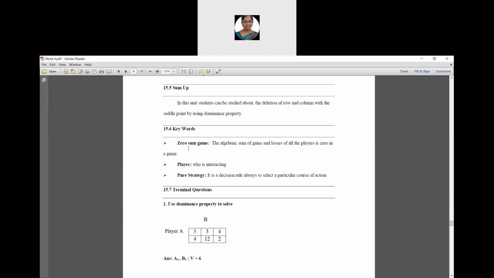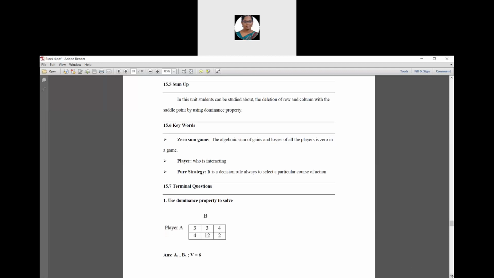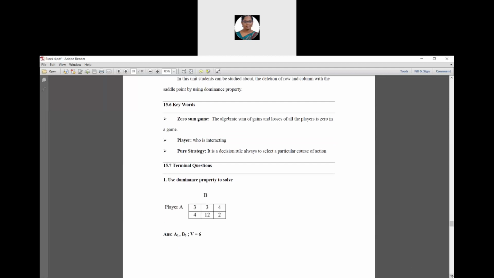Zero sum game: the algebraic sum of gains and losses of all the players is zero, is called zero sum game. Players are those who are interacting in the game. And pure strategy is a decision rule always to select a particular course of action.